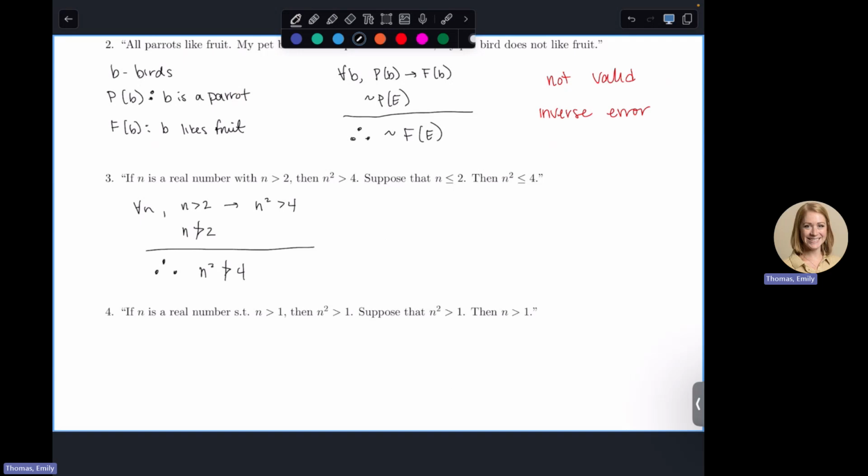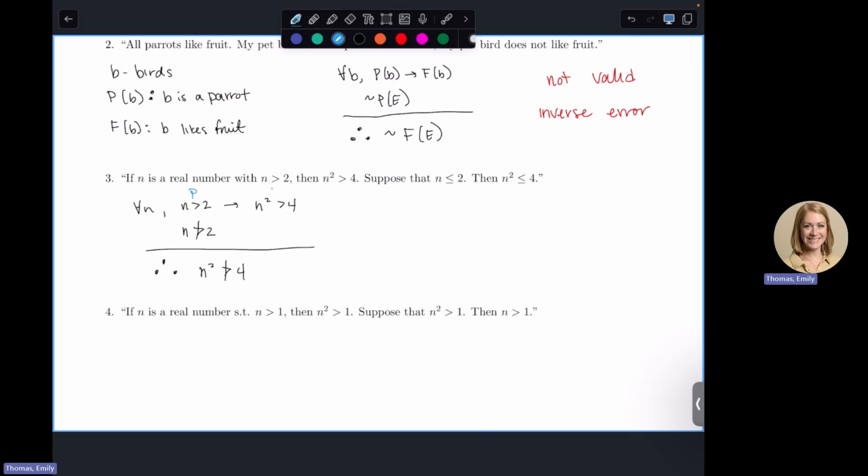So if n is greater than 2, then n squared is greater than 4. Suppose that n is less than or equal to 2, then n squared is less than or equal to 4. What has happened now? The same thing. Y'all see that?